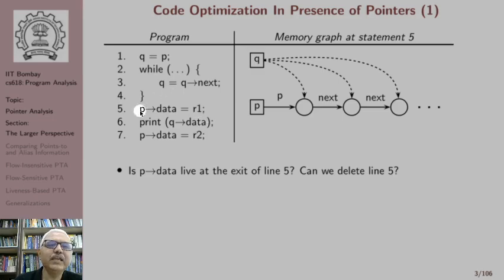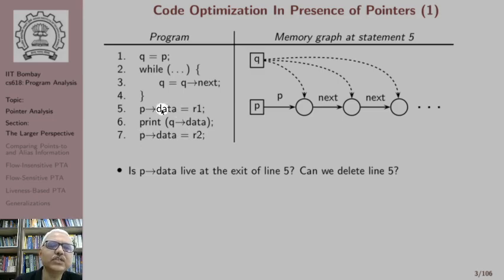So P is the head and Q is the current pointer, which is moving in this particular loop. So we are writing in P and reading from Q, and we are once again writing in P. So we are writing P arrow data equal to R2.